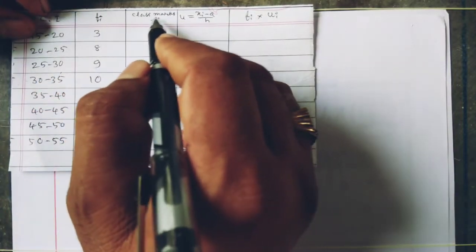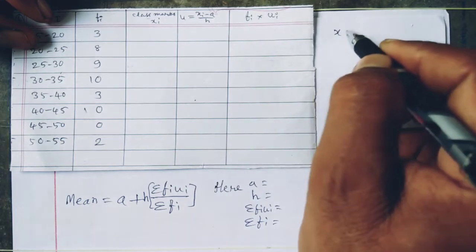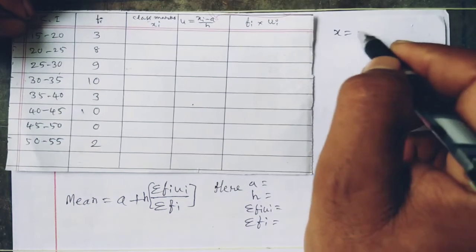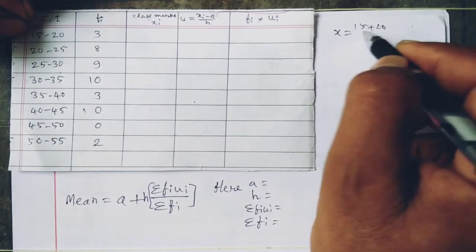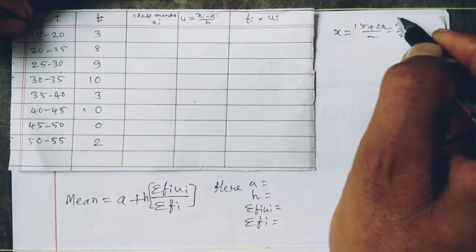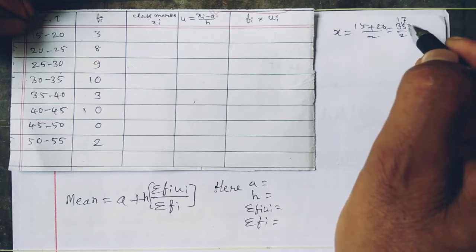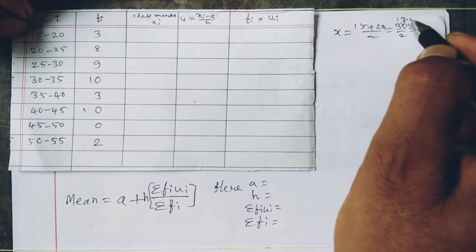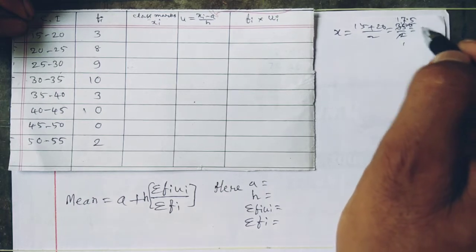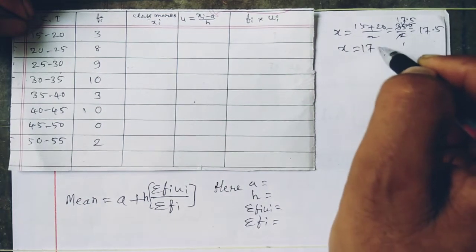Basing on this table, we can find all these terms. First we have to find class marks xi, that is the mid value, average of the class: 15 plus 20 by 2, 35 by 2, which is 17.5.